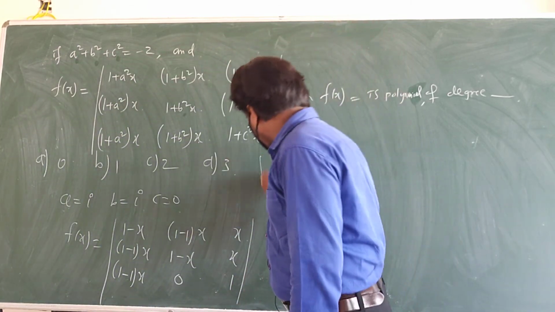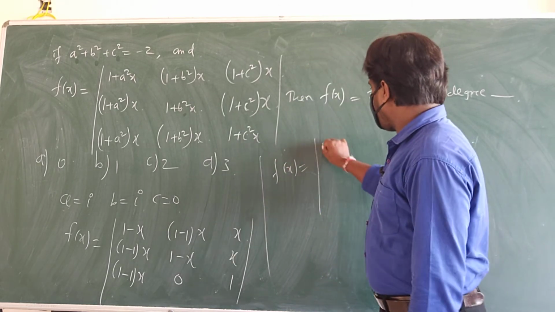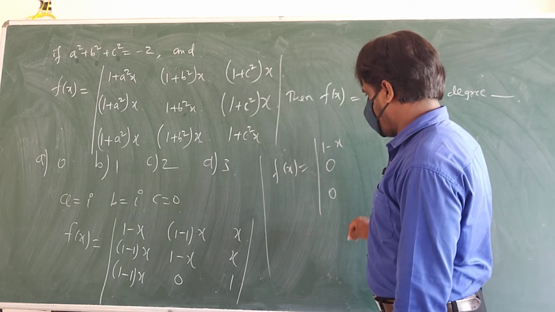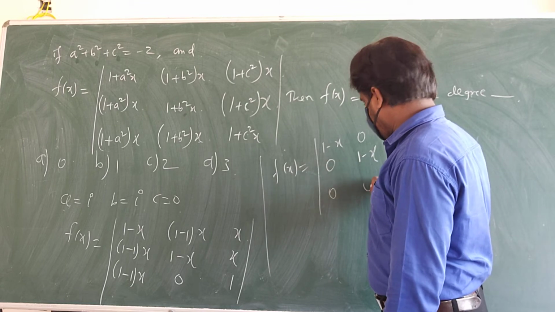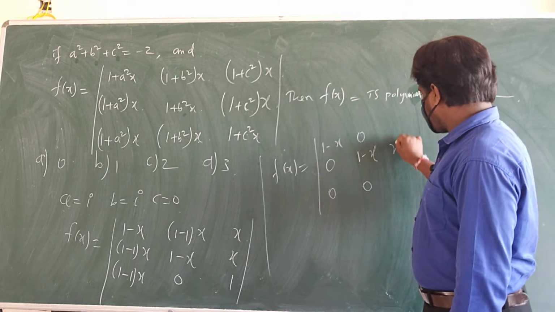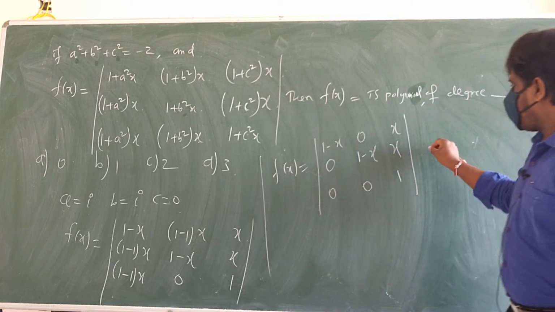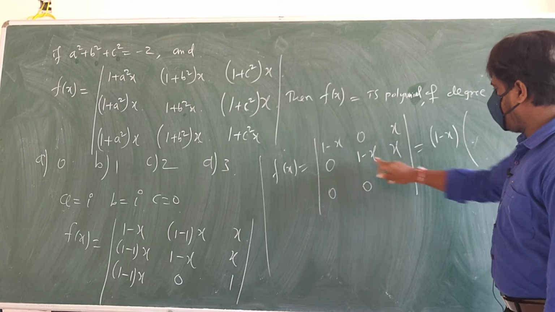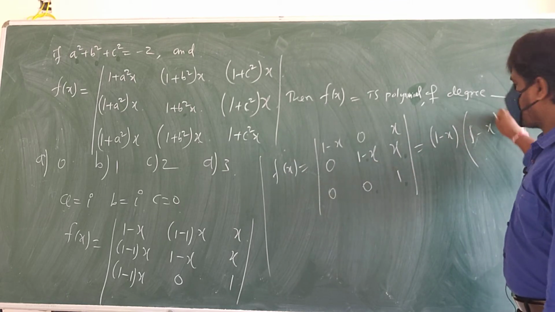So what you got? f(x) is equal to the determinant with rows 1 minus x, 0, 0; 0, 1 minus x, 0; x, 1, x. So the determinant is how much you are going to get? 1 minus x into this minus this, so 1 minus x.